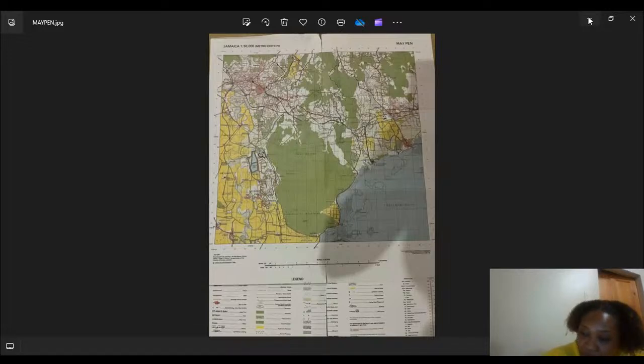So the location of that built up area, remember, Old Harbor is between Eastern 39 and Northern 39, that area there, right? So it's along the coast.